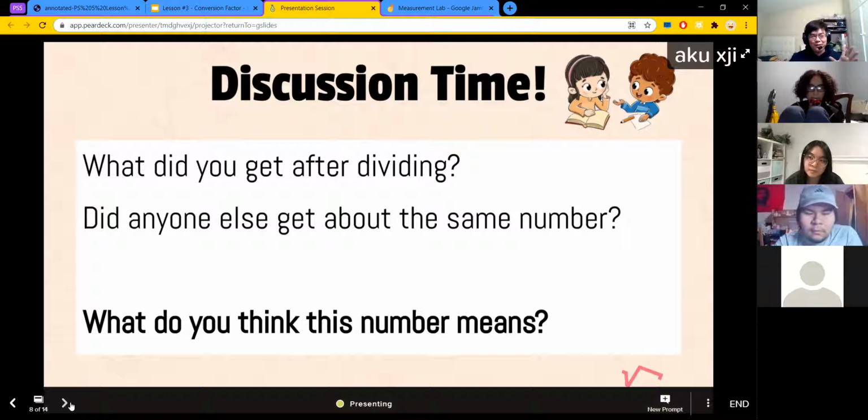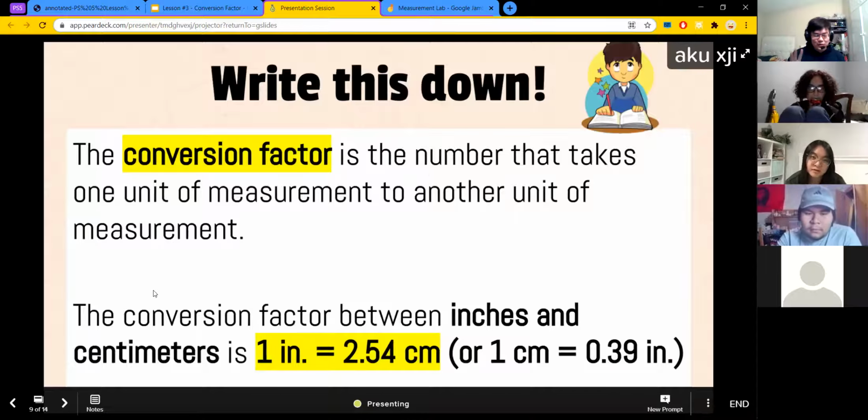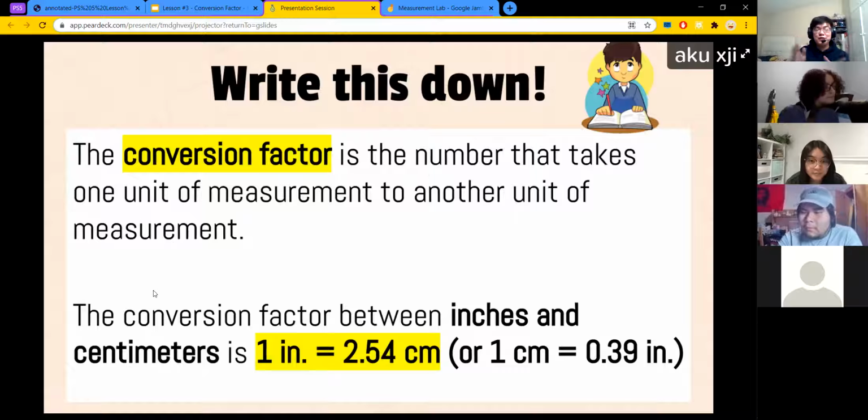All right, so we kind of already touched on this, so let's write this down in your virtual notebook. The conversion factor is the number that takes one unit of measurement and turns it into another unit of measurement.